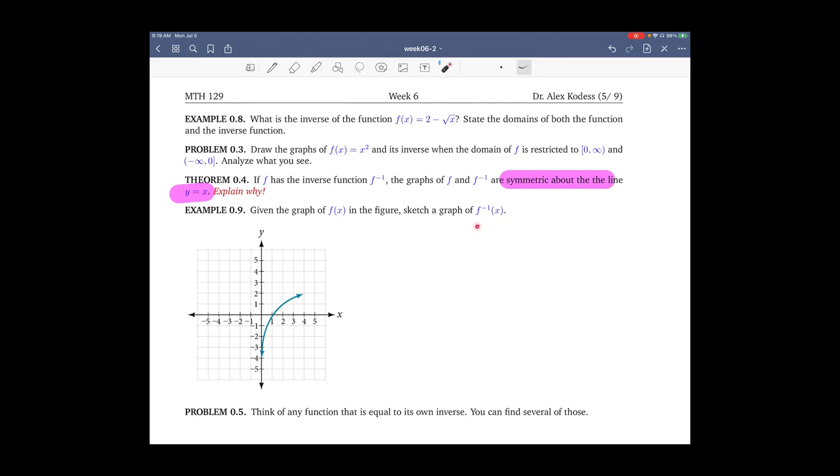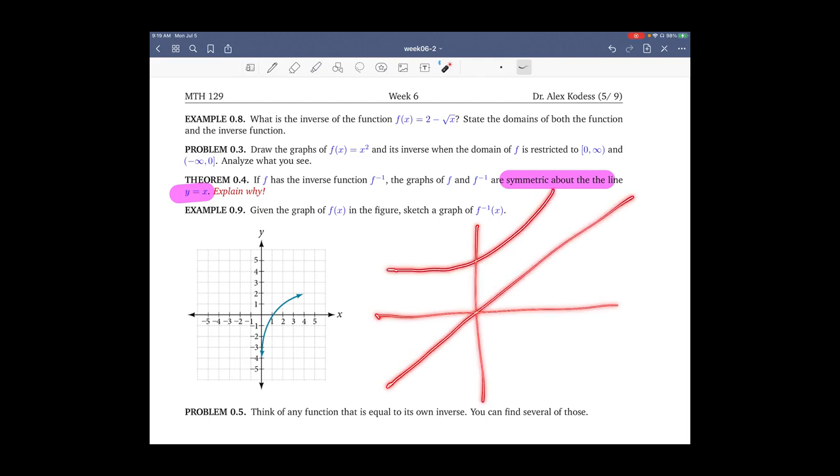Well, that means that if you have the graph of one function, the graph of the other function will look in such a way that whenever you take a point on the graph of f, for instance, and imagine like there is a mirror along the line y equals x.